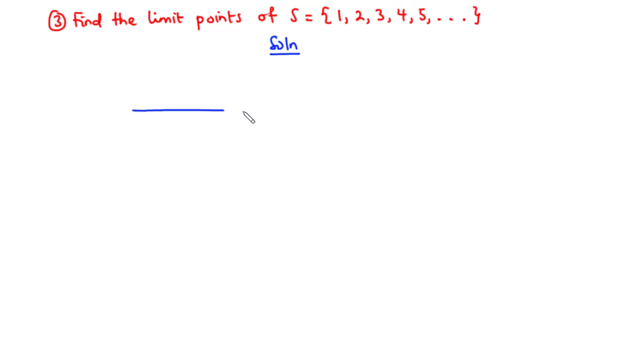So we have this to be the number line, and then we have the set S. So we have our first element to be 1. So we have 1, 2, 3, 4, 5, and then it continues on and on.